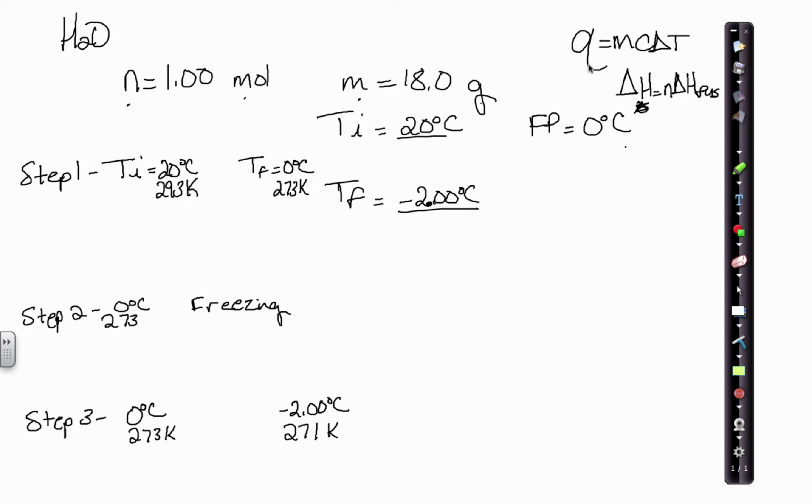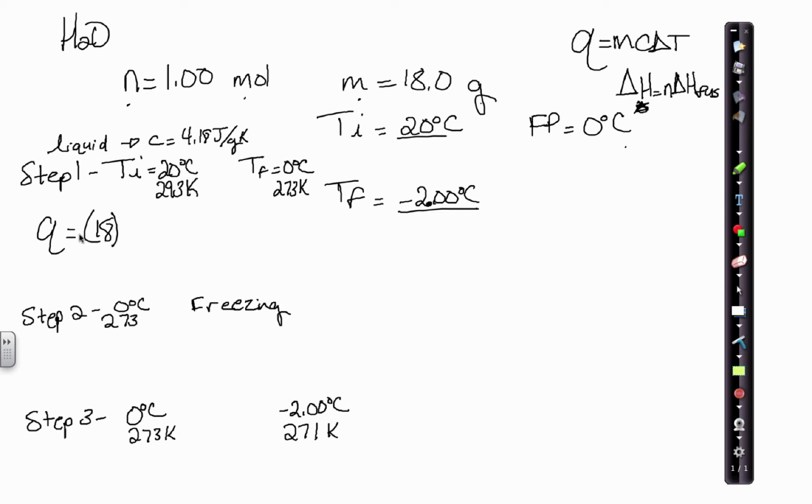I have the mass, and for C, since we are at 20 degrees Celsius here, we should have a liquid. So we are going to use the specific heat capacity of the liquid, which should be 4.18 joules per gram Kelvin. So I'm going to plug everything into Q equals MCΔT.